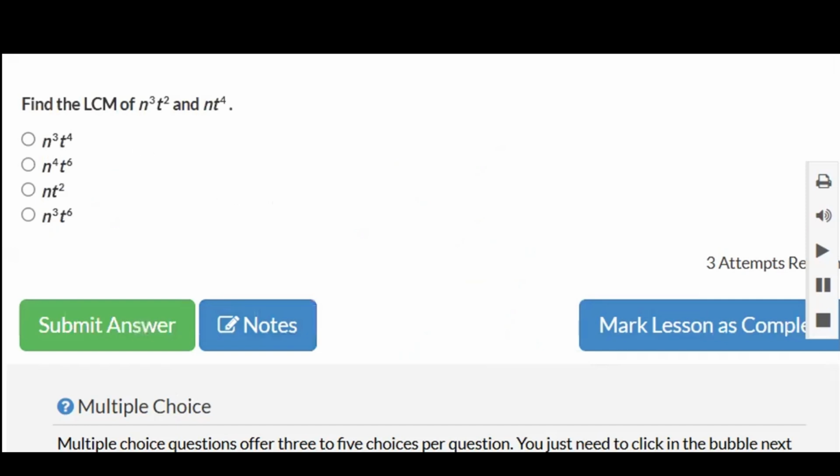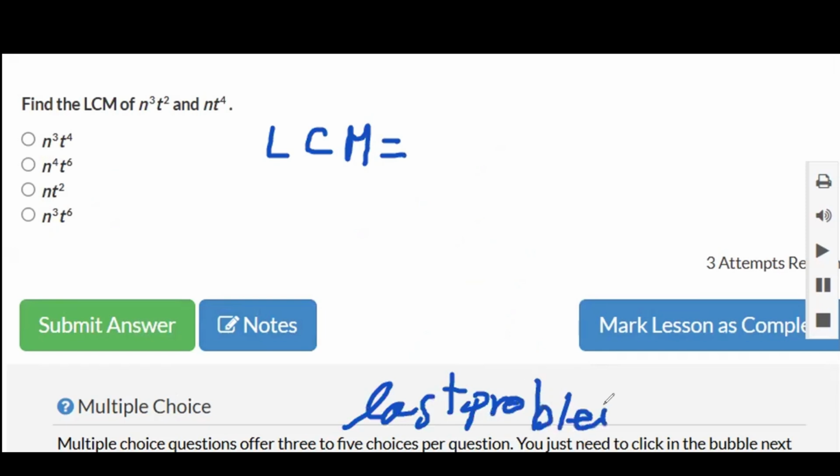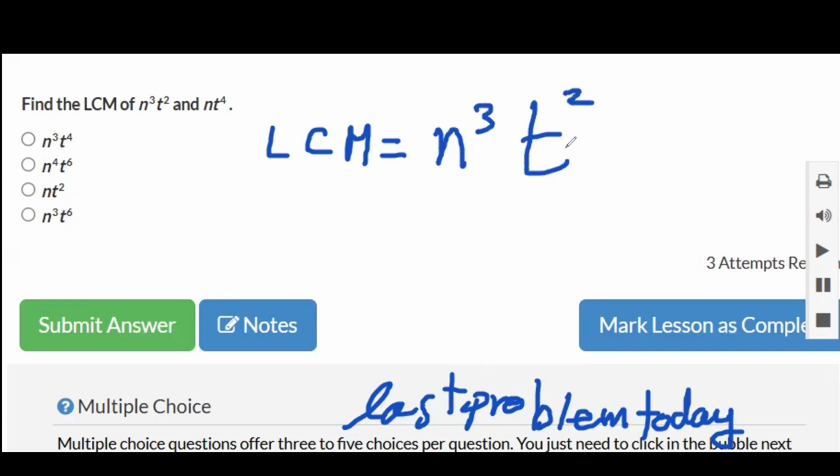Least common multiple. So this is the last problem today. This is easy. For the least common multiple, we take what power? The highest power.